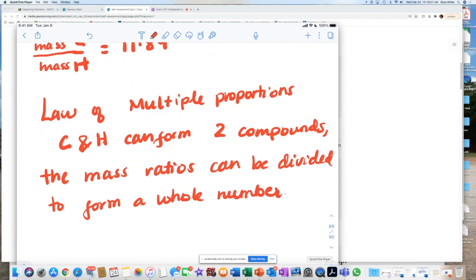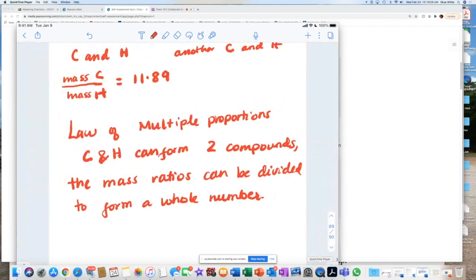So the mass ratios are related in a whole number fashion. So we have the mass ratio of the compound that we know. We don't really know the actual chemical formula, but we know this mass ratio here. So you want to test this mass ratio against the other mass ratios until you get a whole number, because that's the requirement.